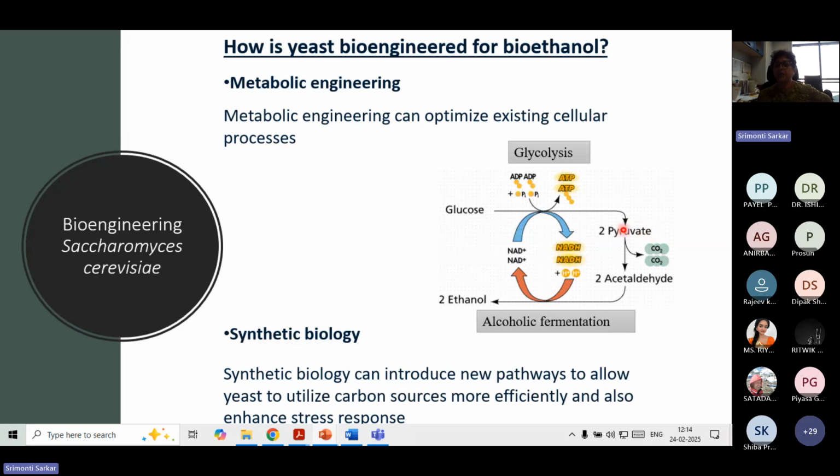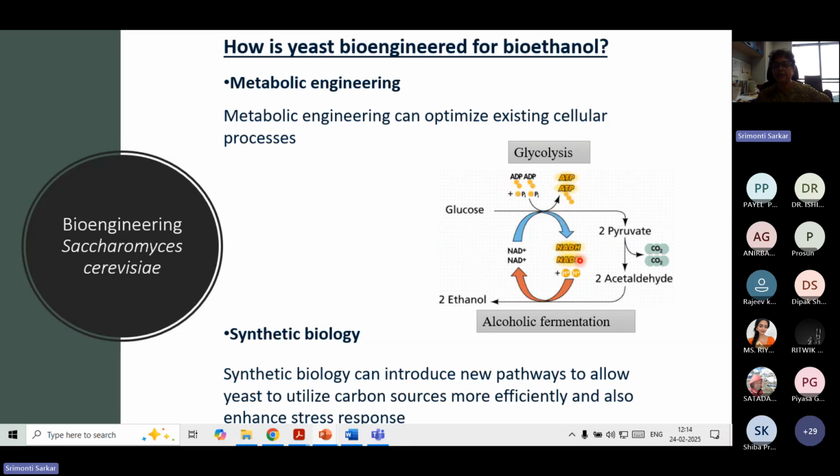So this pyruvate can then either get fed into mitochondria to produce more energy. But again, when there is a dearth of oxygen under anaerobic conditions, pyruvate gets converted to acetaldehyde, which is then converted to ethanol, resulting in the reuse of NADH generated by substrate level phosphorylation of ADP to ATP.